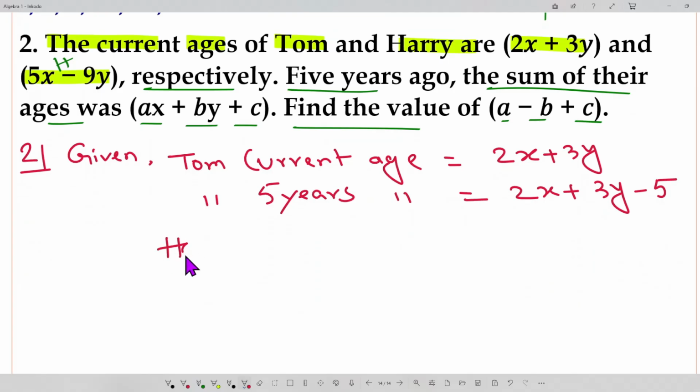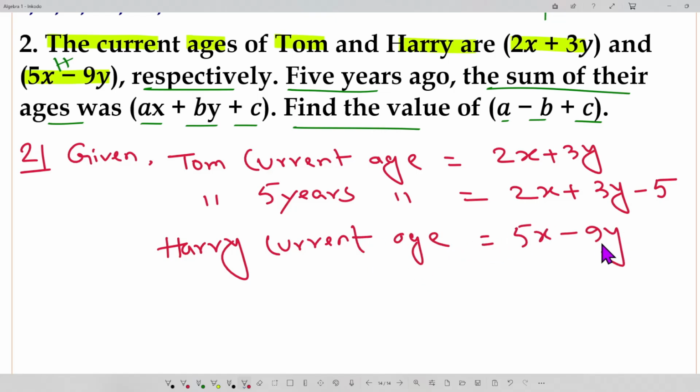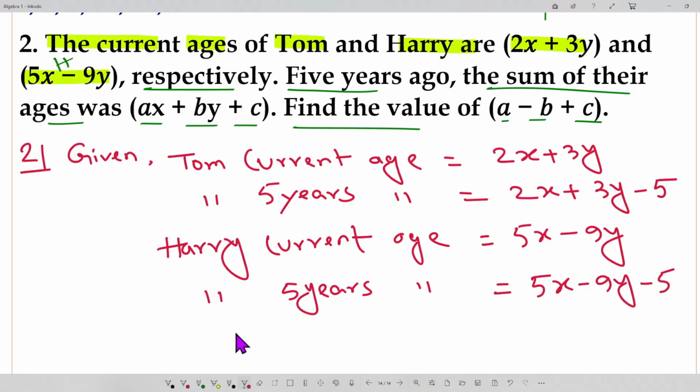Harry's current age is 5x minus 9y. Harry 5 years ago, 5x minus 9y minus 5. Okay, so 5 years ago the sum of their ages.